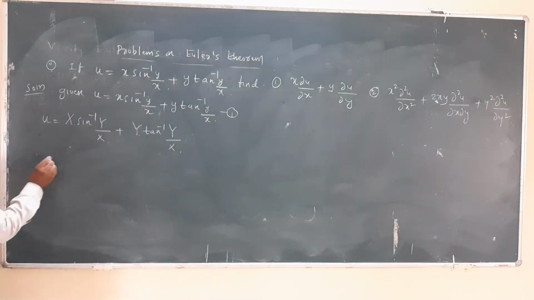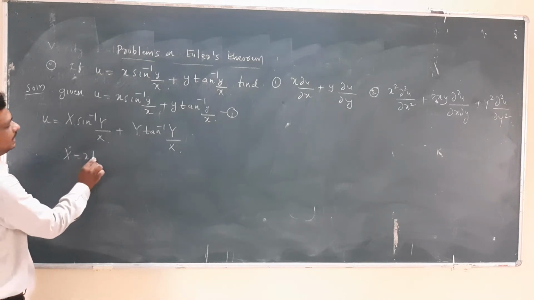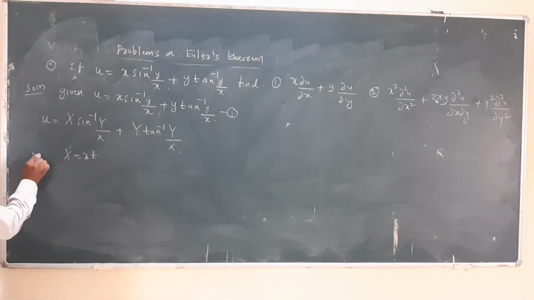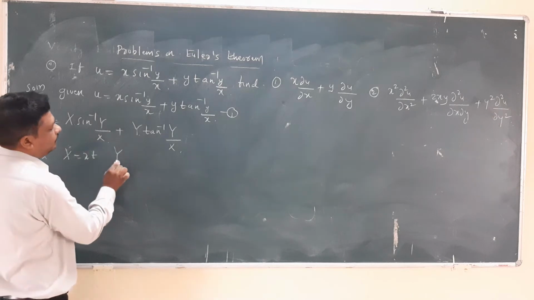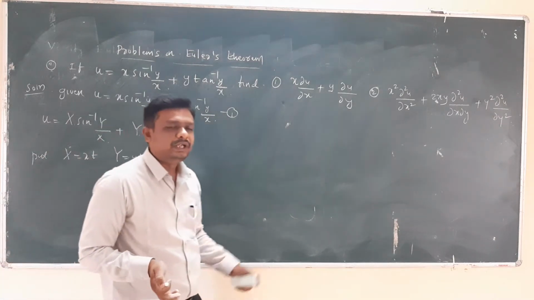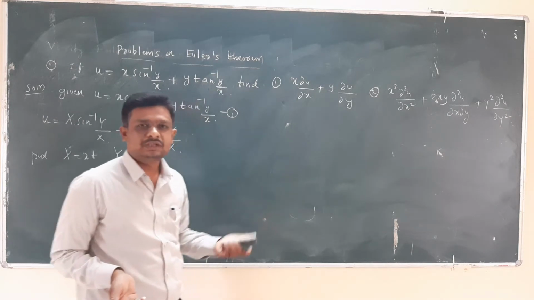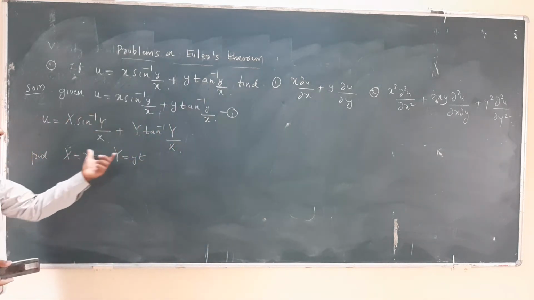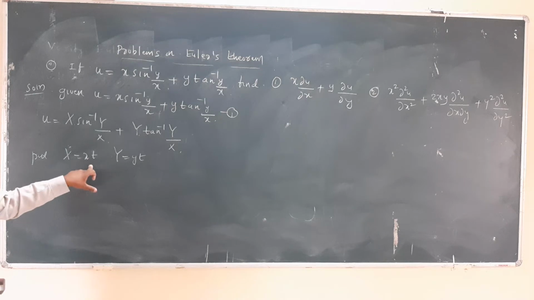So here I will put capital X as x into t and y equal to y into t. There are different methods to verify whether the given function is a homogeneous function or not. Here I am applying the simple method: x equal to xt and y equal to yt.